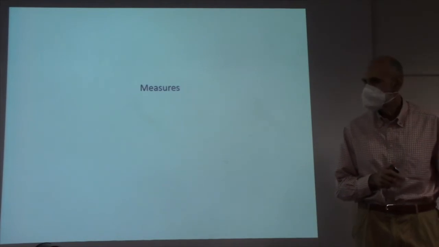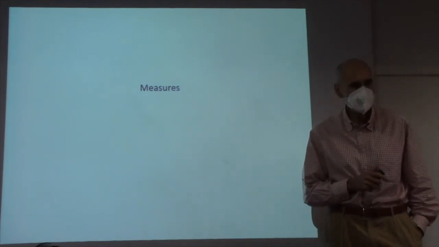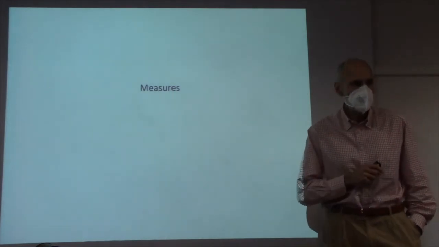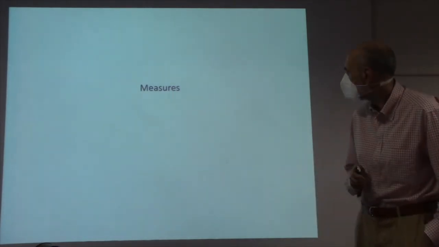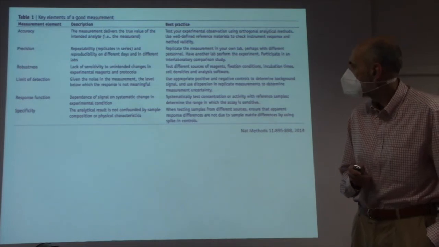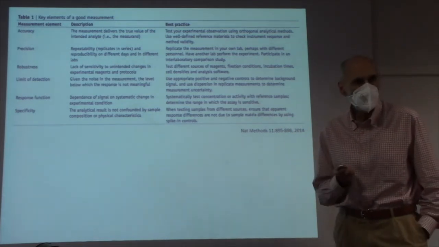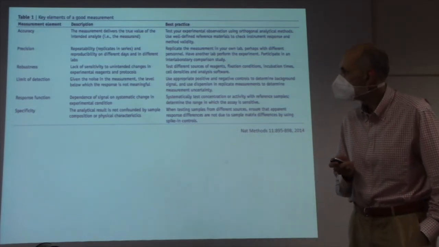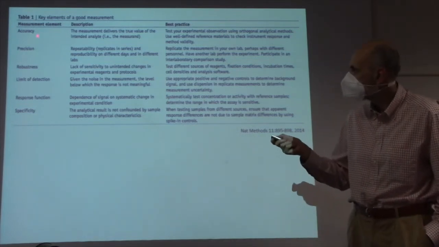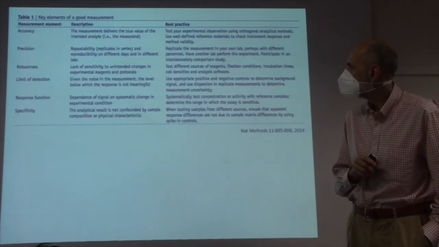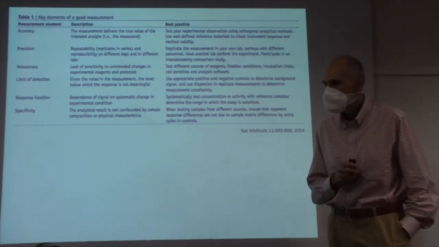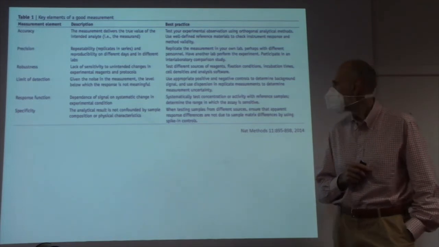Okay, we ended last lesson on speaking of measures, so we come back to them. We were going through this table, which displays several features of measures and measurements that we'll discuss one by one.